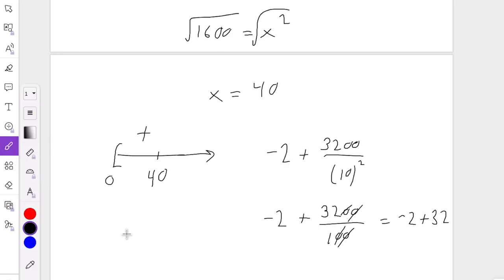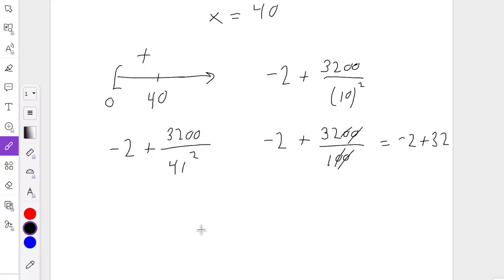And then if we test a number like 41, it is going to be negative. I'll admit I don't know what 41 squared is, but I do know that it's going to be a bigger denominator. And a bigger denominator basically means that we're going to have a smaller number overall here. 41 squared I can probably do in my head because it's 1600 plus 40 plus another 40 plus 1.